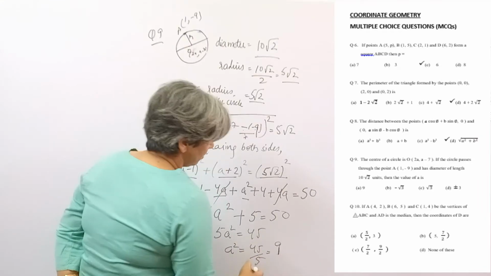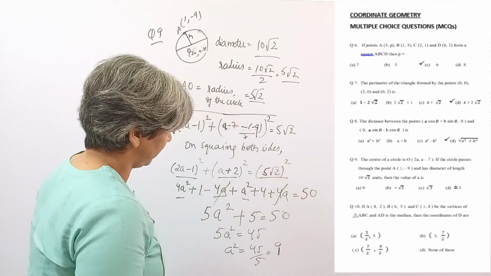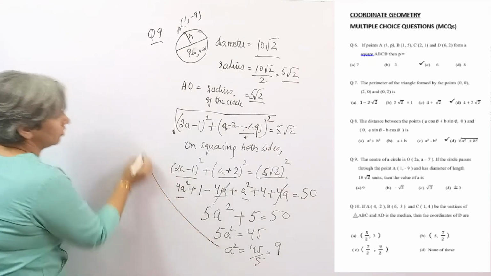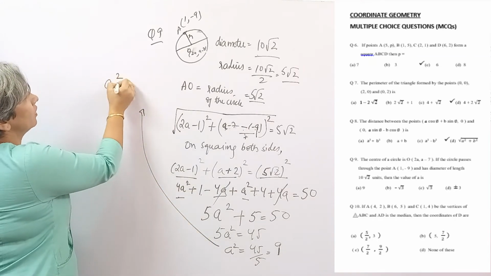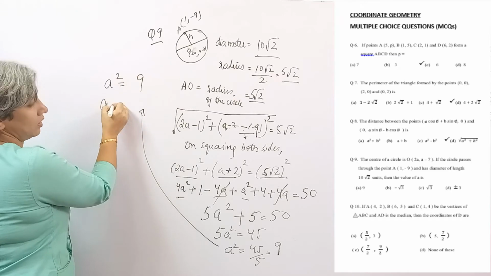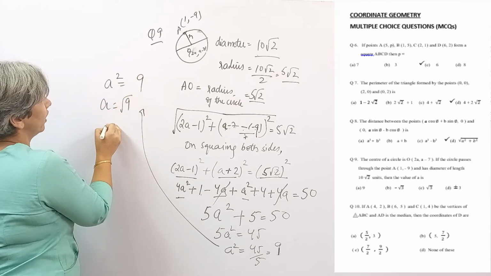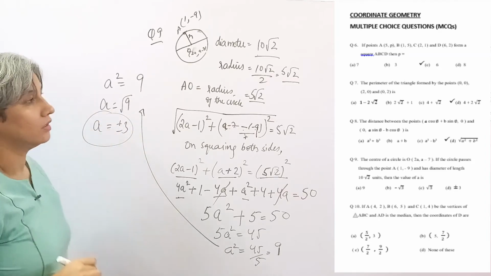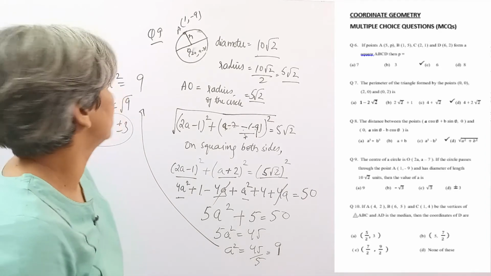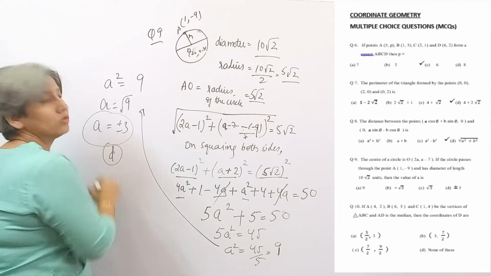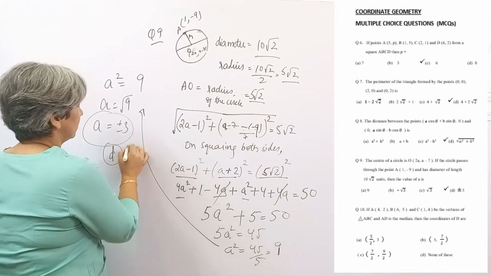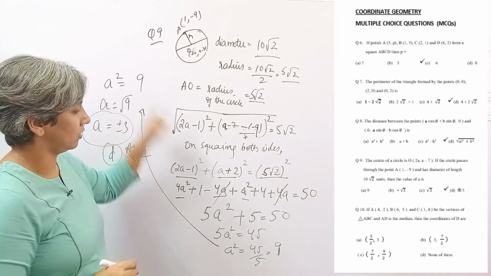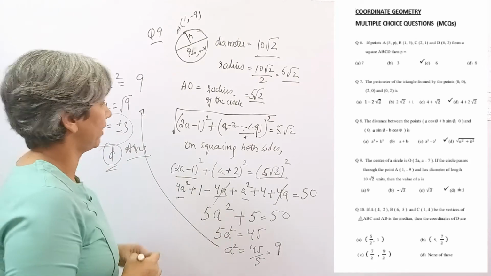So a is equal to under root 9, which is plus minus 3, which is my option D. So the answer of 9th question is D, plus minus 3.